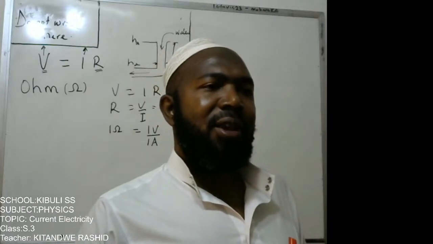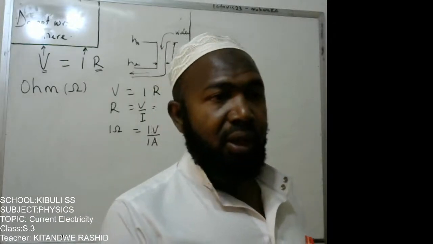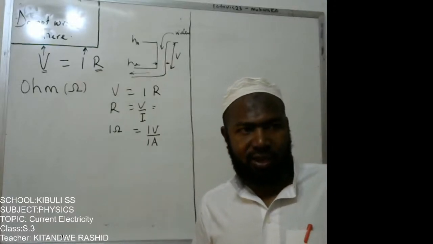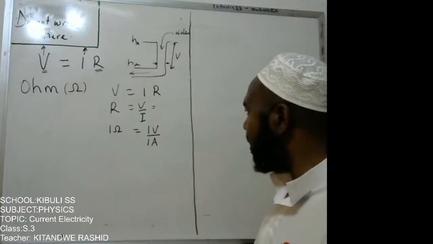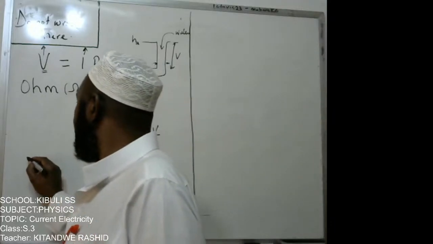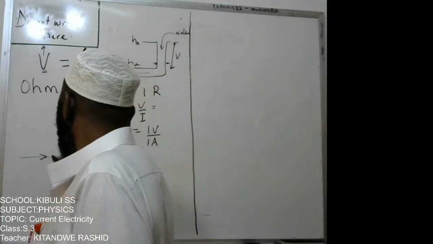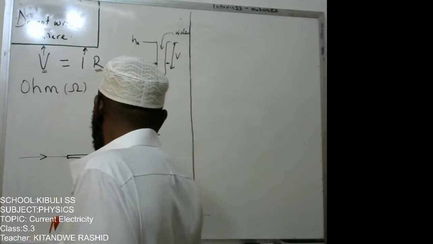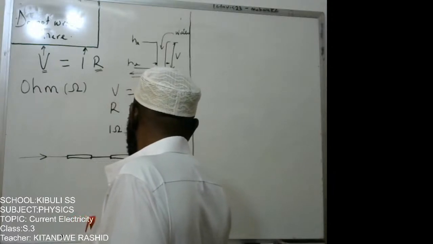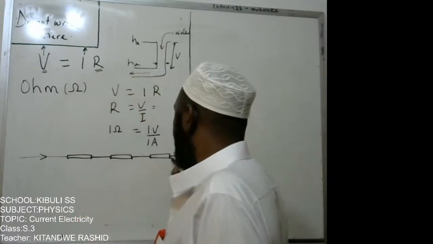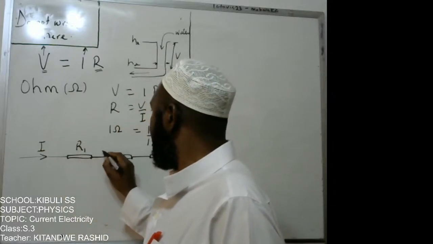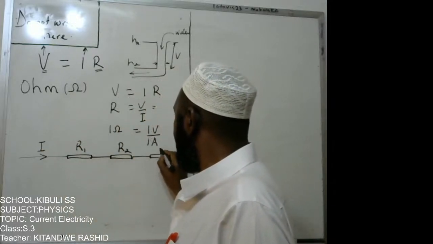When we arrange them in series, we connect them end to end. Meaning that you allow current to be flowing, you connect resistor 1 to the extreme end of resistor 2, resistor 3, and current flowing is I, through R1, R2, and R3.